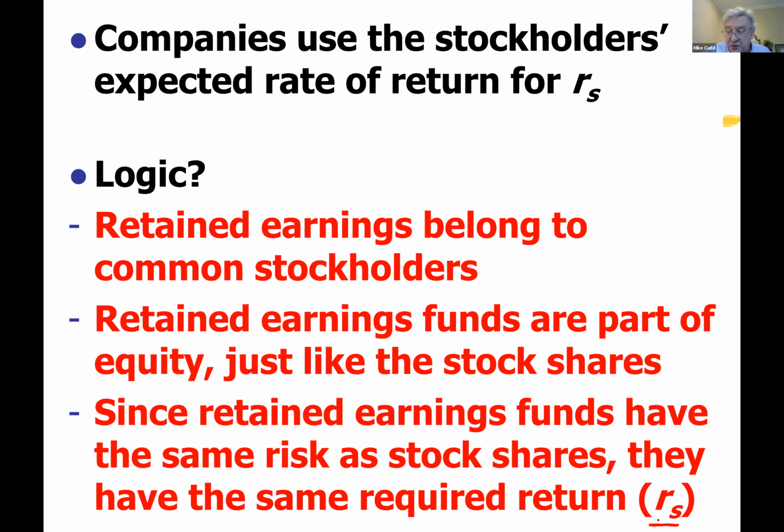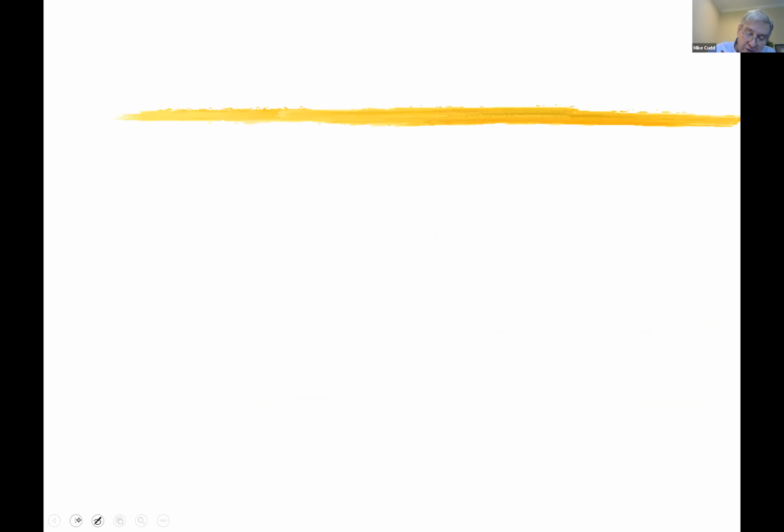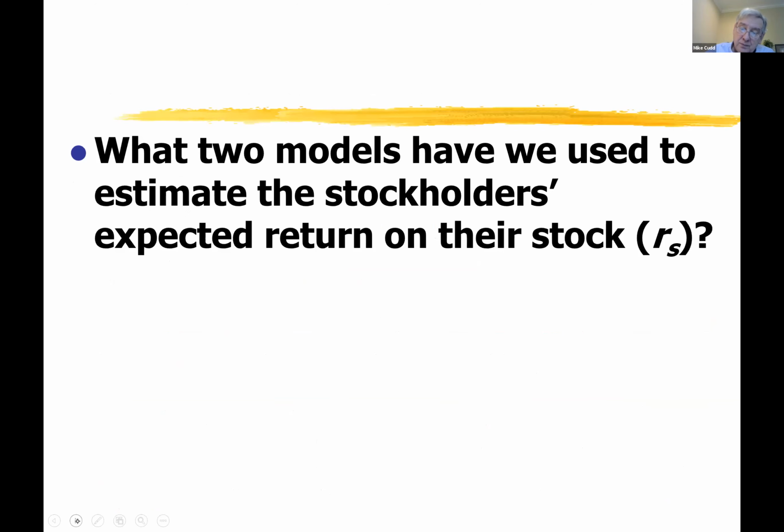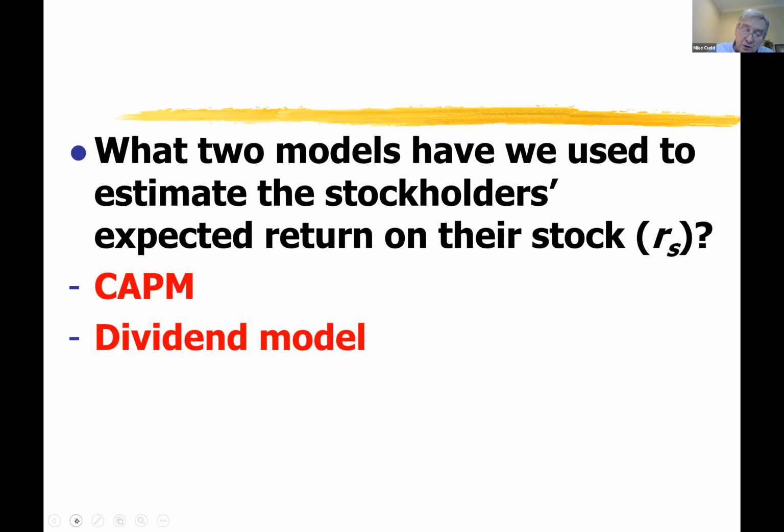I mean, this is not something that's in contract. We have used two models to try to figure out the rate of return that shareholders are expecting on their stock. One was the CAPM, and the other was the dividend model.